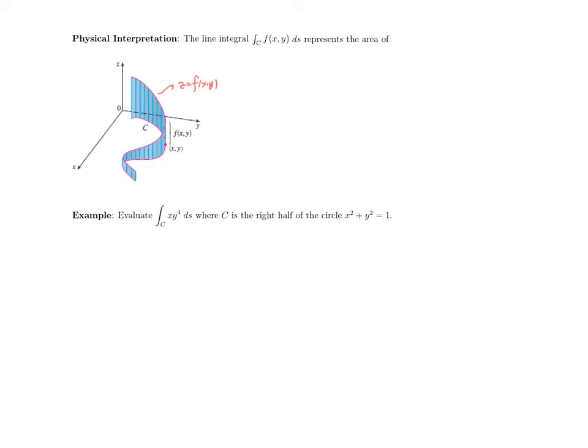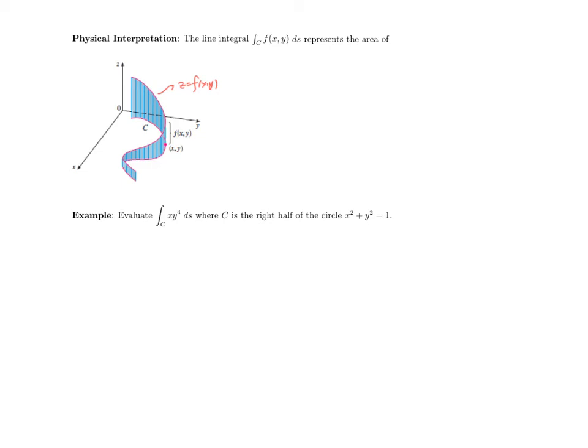We can interpret the line integral as the area that's shaded in blue. And how I picture this is I think of the surface as representing the top of a big, long gymnasium curtain. And what we're doing is just calculating the area of that curtain. And the difference is that this function's not going to have uniform height, so it might have ups and downs, but it's still the area enclosed above that curve C and below the surface determined by the function of two variables.